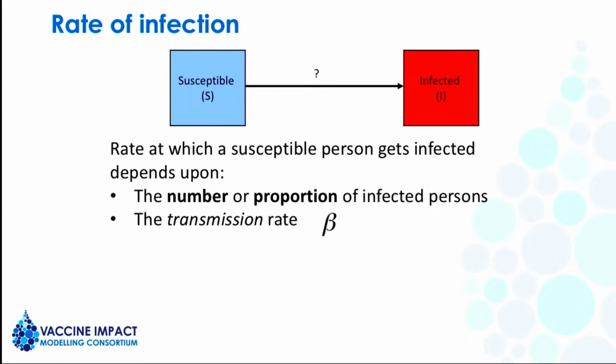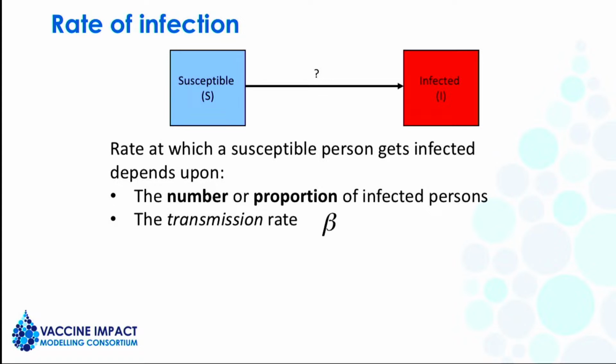And this can depend on a number of things. Because we're looking at a dynamic model, it might be dependent on the number or proportion of infected people or animals, because each infected person has the risk of infecting someone else. So the number of them is quite important. We might also have this transmission rate, beta.